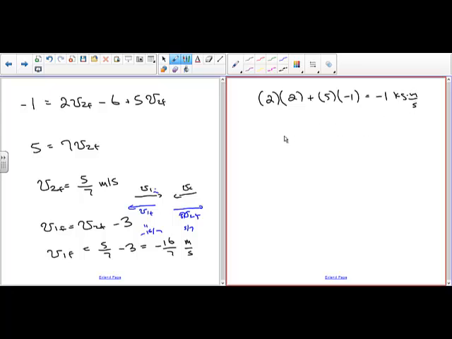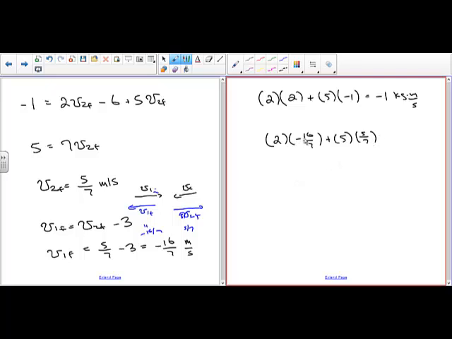Mass times velocity. Now if we take the second condition, we still have 2 kilograms times V1 final, negative 16/7, plus 5 times positive 5/7.